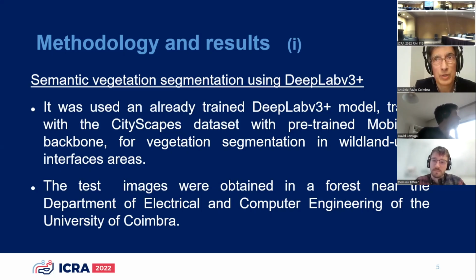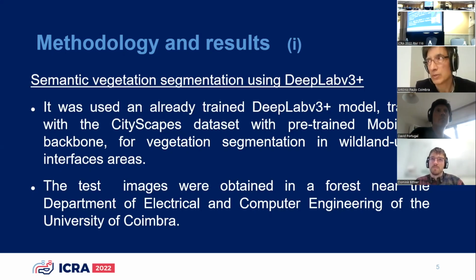Well, we are limited by the time, and because the model ran well, we didn't look to increase the number of images. The idea now is to use images from other forests and check if it works well also, and if we need to increase more the number of images.